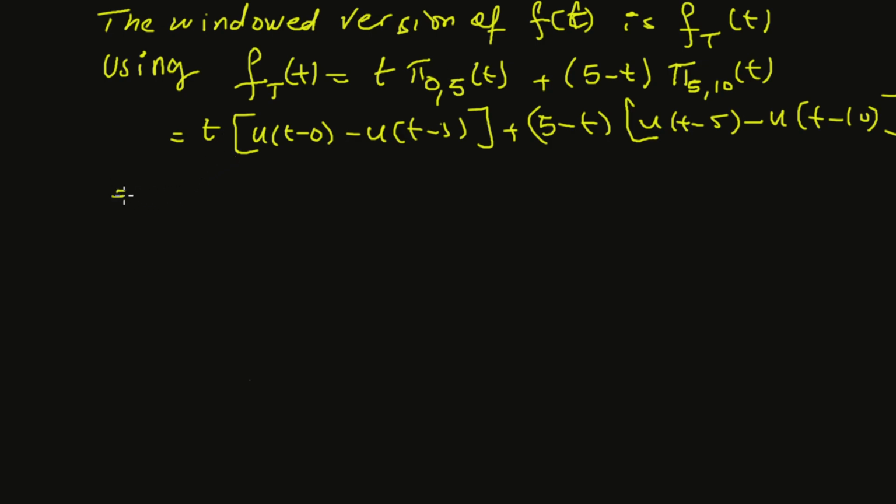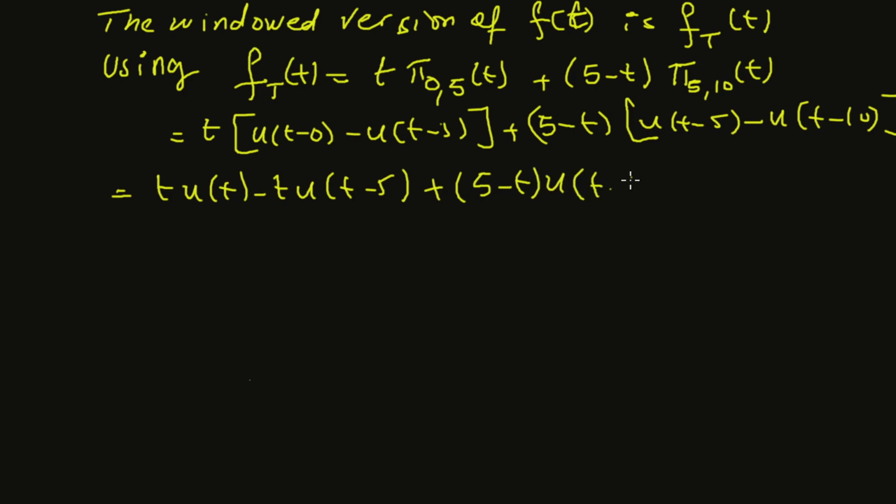Alright, let's distribute t. This one becomes t times u of t minus t times u of t minus 5, and this one is 5 minus t times u of t minus 5, distribute as well, minus 5 minus t times u of t minus 10.